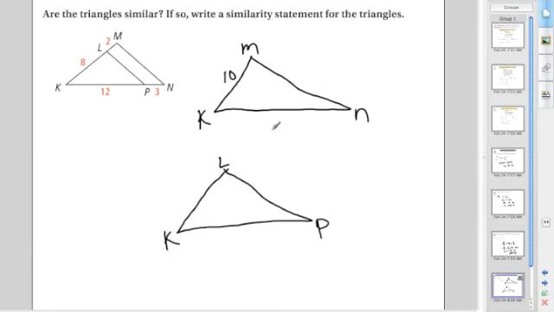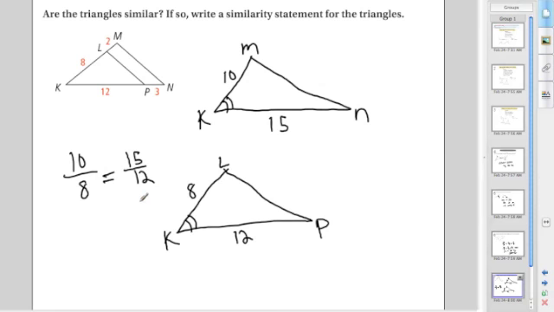K to N is 15. K to L is 8. K to P is 12. You should notice right here they share an angle, so we know that K is congruent to K. Now we just need to know that is 10 over 8 the same as 15 over 12.